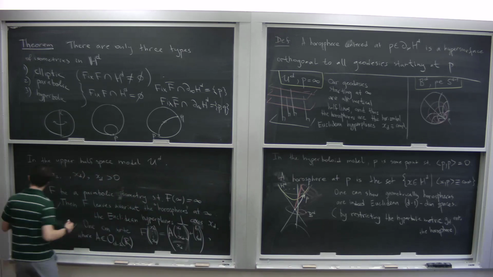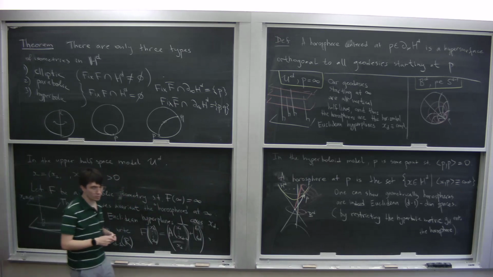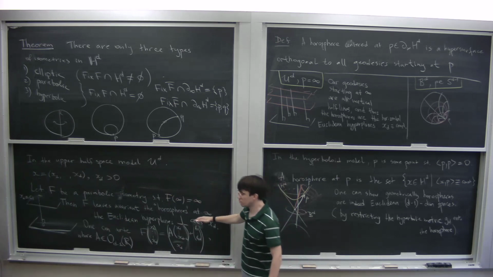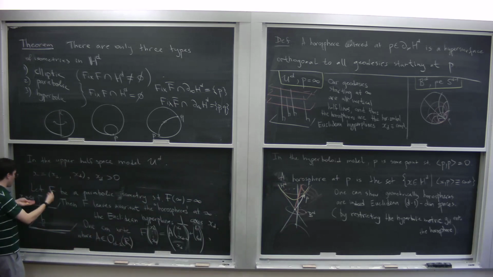First, you show that horospheres are sent to horospheres, and then you can prove that the horosphere of level C1 cannot be sent to another horosphere at level, say, C2.